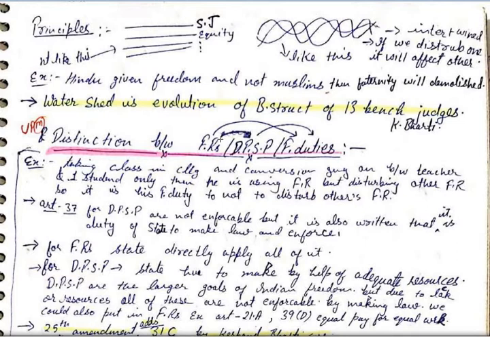सो रिलेशन इस तरीके से बनता है, मेरा फंडामेंटल राइट आप सबकी ड्यूटी और आप सबका फंडामेंटल राइट मेरी ड्यूटी, आप में से हर व्यक्ति का फंडामेंटल राइट हर दूसरे व्यक्ति की ड्यूटी. So in one way every individual has the fundamental right, and every individual, because of the corresponding fundamental right of the others, also has the duty. क्योंकि आपके पास भी वही राइट है जो मेरे पास है, तो जब आपके राइट के लिए मेरी ड्यूटी है तो मेरे राइट के लिए आपकी ड्यूटी भी तो होगी.